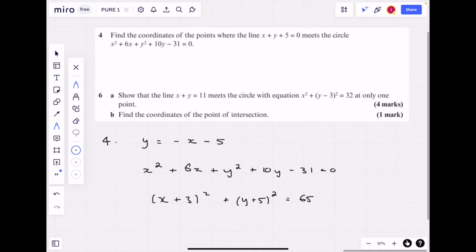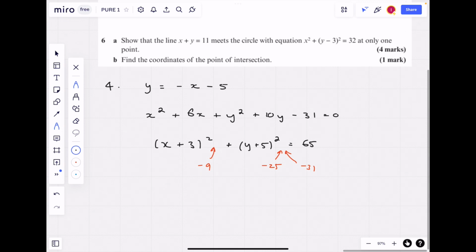Technically, if I were to break it down a bit more, you should have minus 9 here, minus 25 here, and then you've got the minus 31 that's already there. That together will give you 65, and then you take that to the other side.